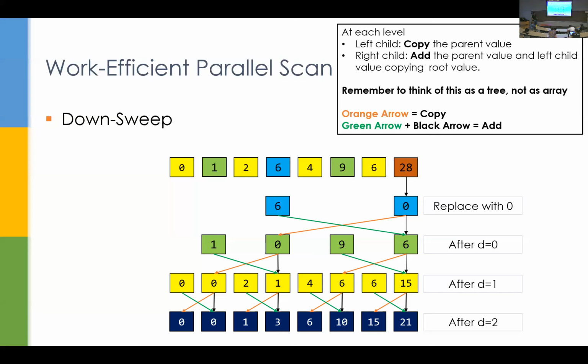How do you get the inclusive one? What you would essentially do is, remember 28, store that in a temporary variable, shift the cells left, and put 28 up at the end. So that's how you would get the inclusive.